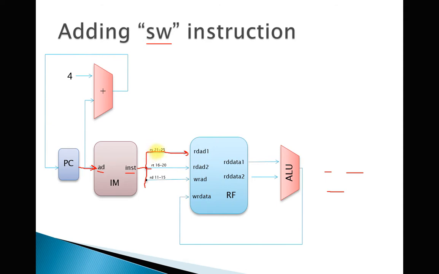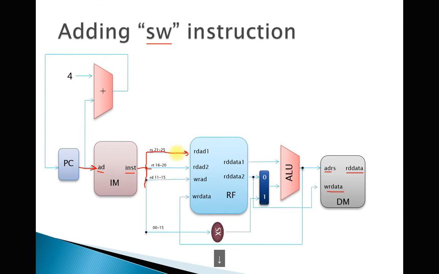This RS has been passed on to RF to read the data from the register. This gets you the address, and this gets you the data, which is then passed on to the ALU.